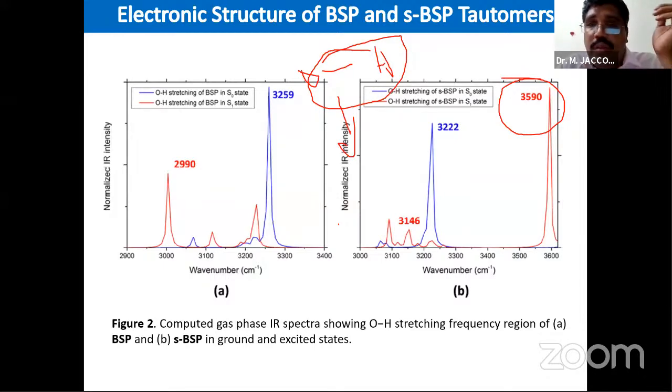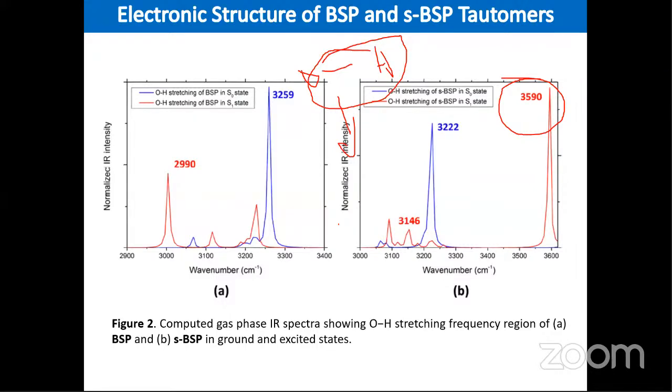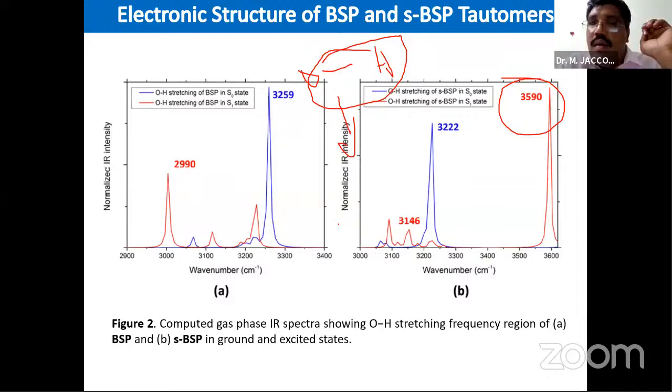When you submit the paper, for example, if you get the vibrational frequency around 3,400 experimentally, but you are getting around 3,700 computationally, will a reviewer accept your paper with a nearly 300 difference in the computed vibrational number?